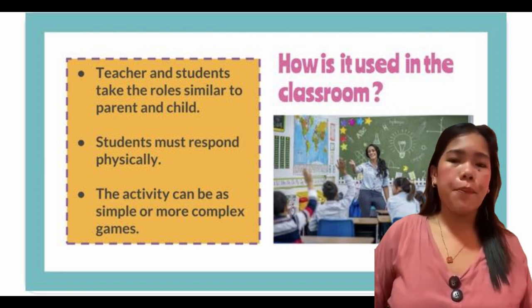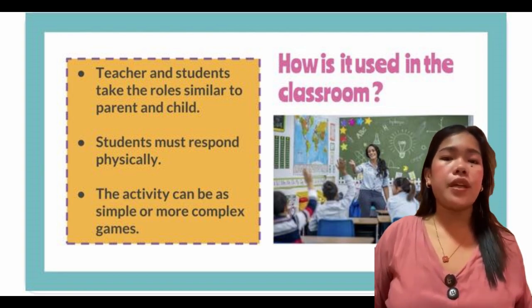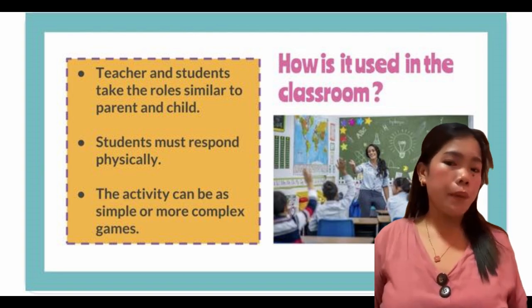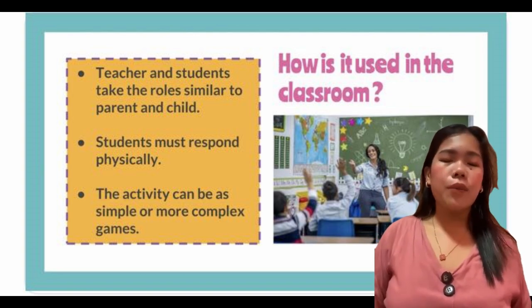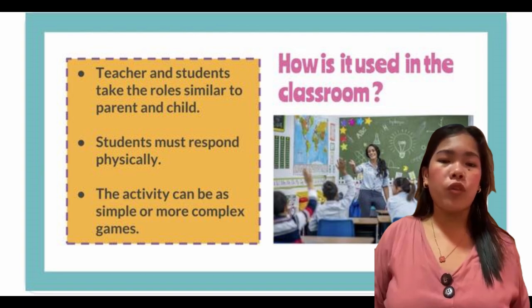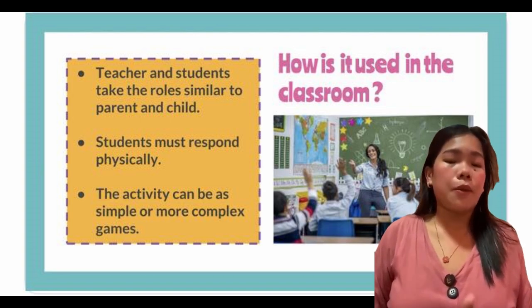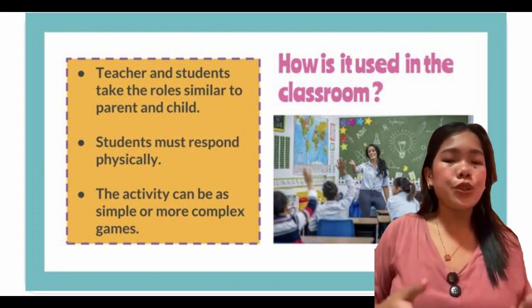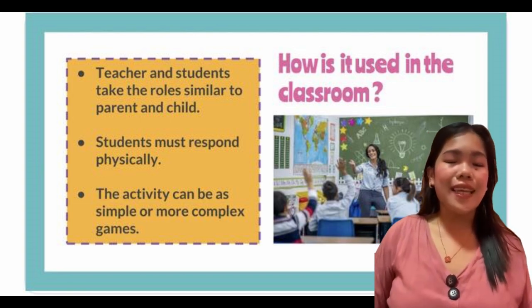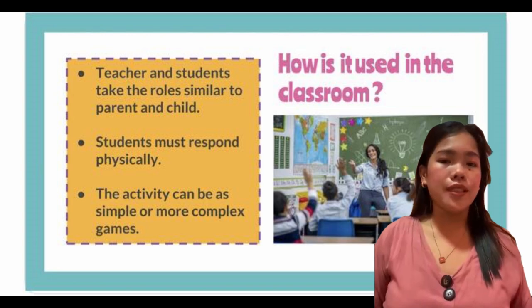For example, an activity might be a teacher saying stand up and sit down, while a more complex game would involve the teacher giving several commands like touch your nose, clap your hands, and spin around, with the students following the same sequence.